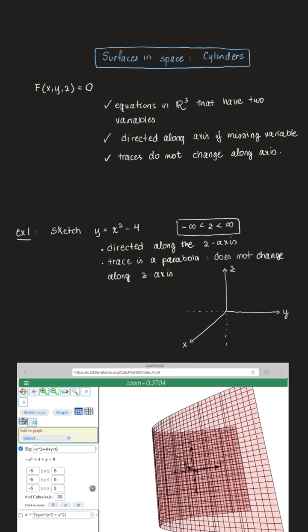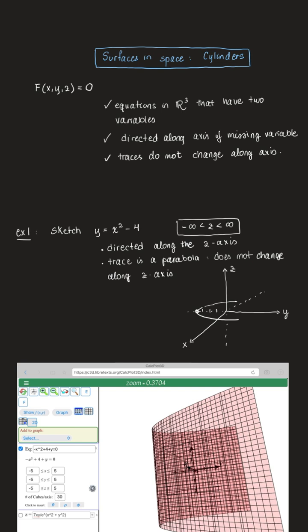So this parabola is y equals x squared minus 4. That means we've shifted 4 units along the negative y-axis, and on the xy plane we have a parabola that looks something like this. So imagine that that's just sitting on the xy plane, and z here is 0.